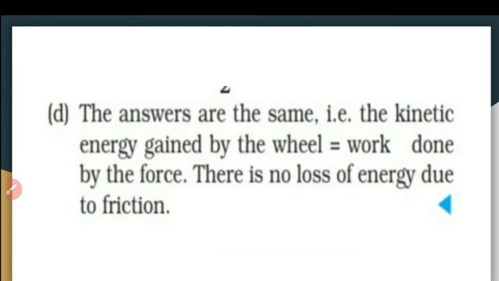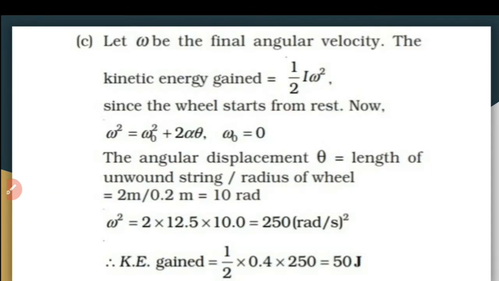Now coming to the third part, we are asked to find the kinetic energy. We are assuming omega to be the final angular velocity, and it's given that it starts from rest, so the initial angular velocity omega 0 equals 0. The kinetic energy expression is half I omega square.